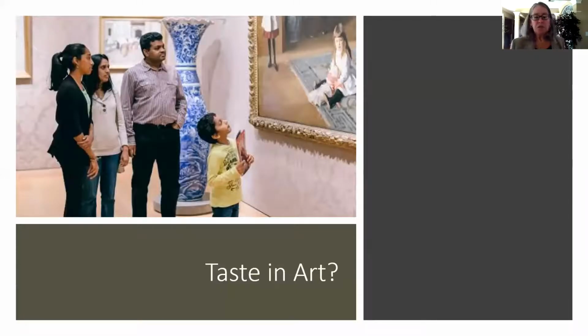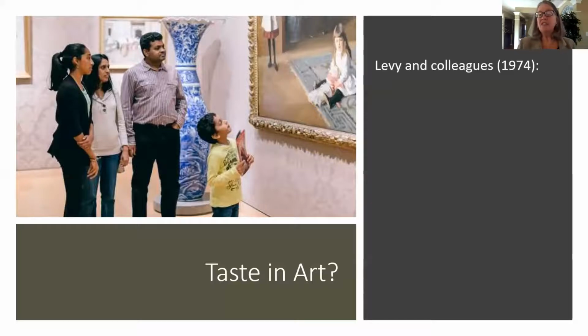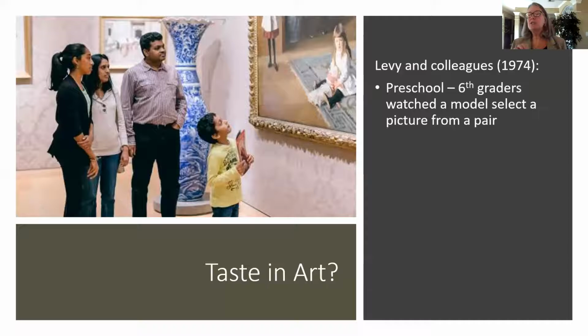But there's also some social observational learning that we found with non-behaviors. Now, what do I mean by that? One example that your book talks about has to do with taste in art. So Levy and his colleagues took preschool to sixth graders and had them watch a model get to select a picture from a pair. So this model, who was an adult, got to look at two pictures and say, I prefer this one.